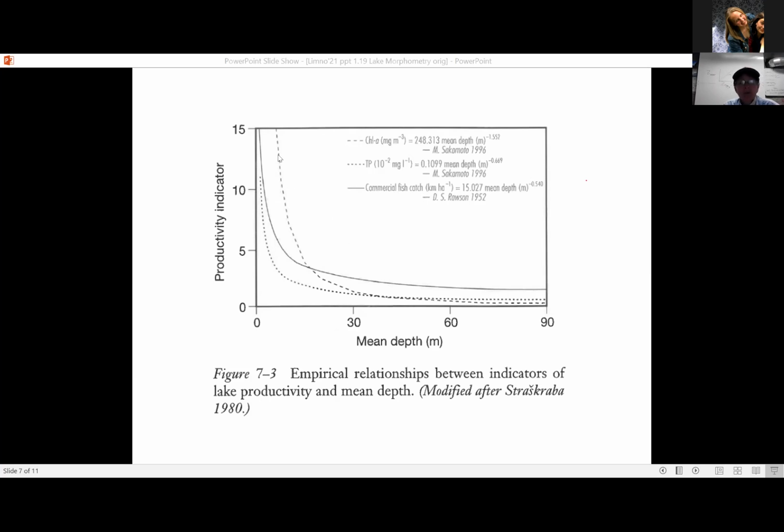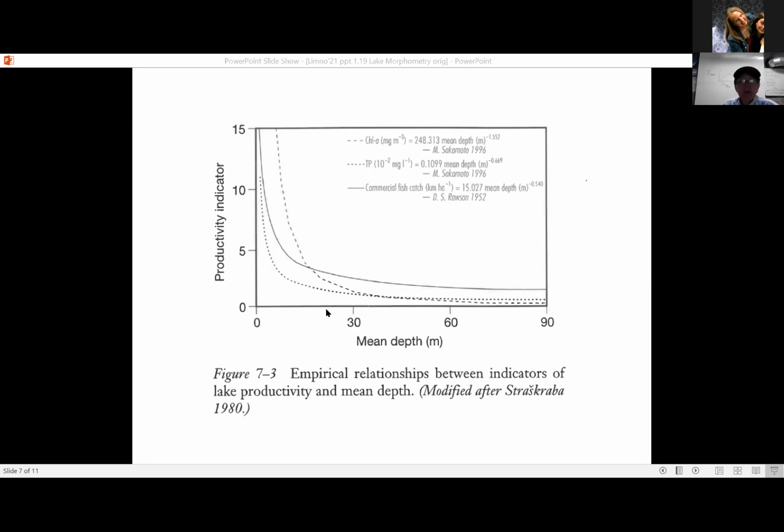And what you can see is that as the average depth increases, the productivity of the lake drops rapidly, and then it kind of levels off. So you see the biggest difference in productivity occurring in the first 10, 20 meters of depth.